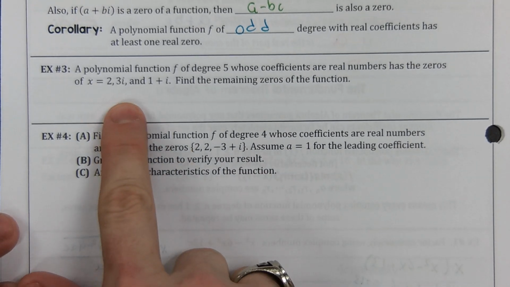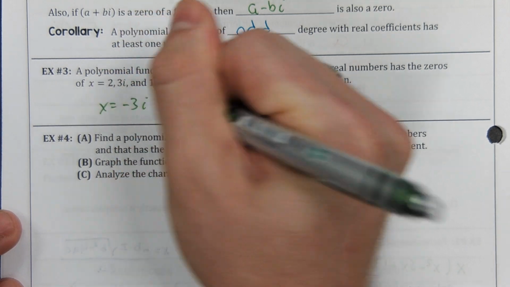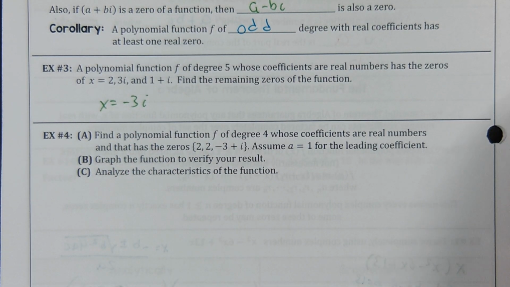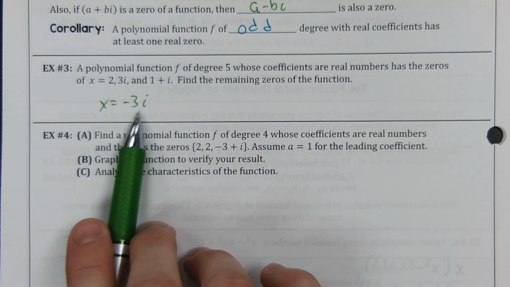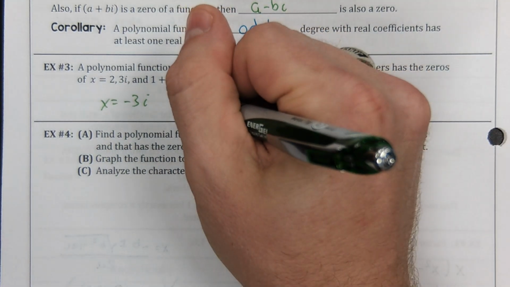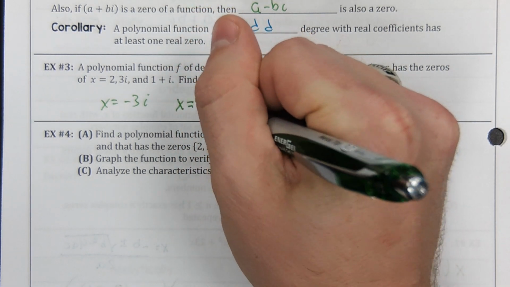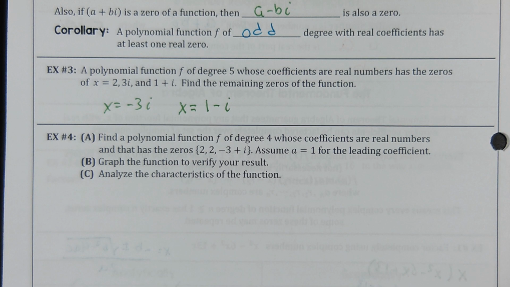So if positive 3i is a solution, so is negative 3i. Think of this as 0 plus 3i. Here's 0 minus 3i. And if 1 plus i is a solution, so is 1 minus i. When you do conjugates, all you do is change the symbol in the middle, and that's it.